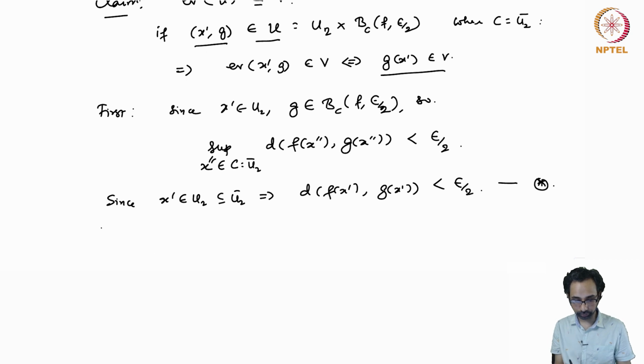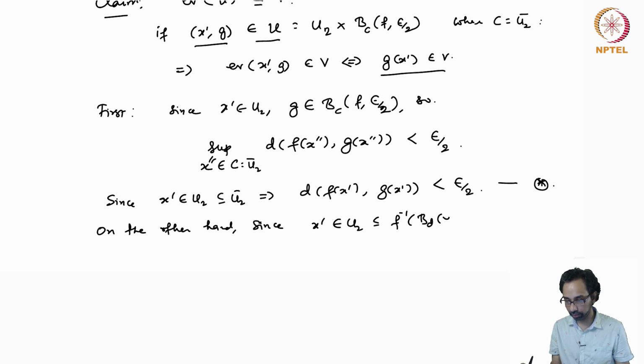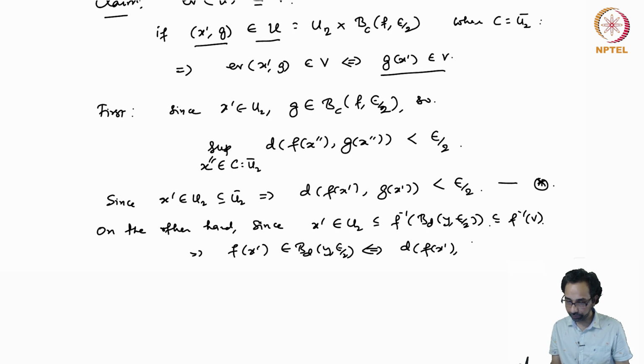On the other hand, since x prime belongs to U2, which is a subset of f inverse of B_{d_Y}(y, epsilon by 2), this means that f(x prime) belongs to B_{d_Y}(y, epsilon by 2), and this is the same as saying that the distance between f(x prime) and y, which is f(x), is less than epsilon by 2.